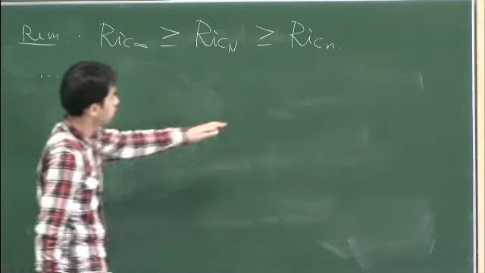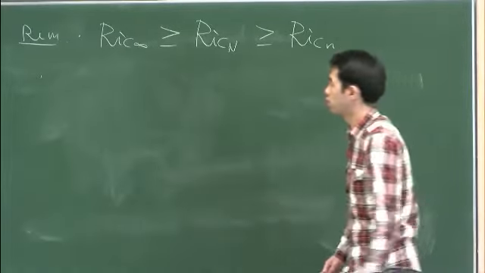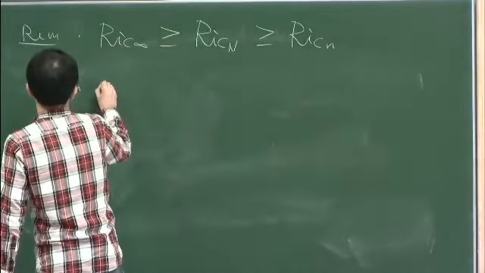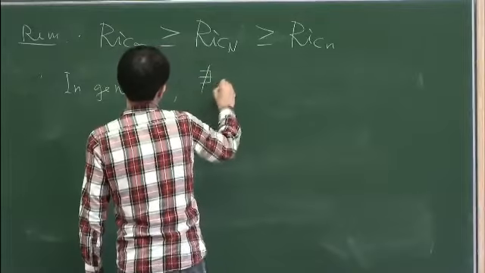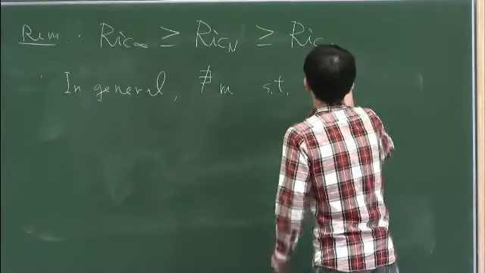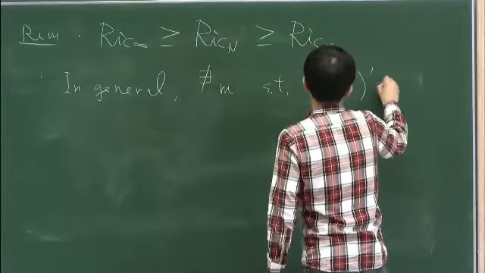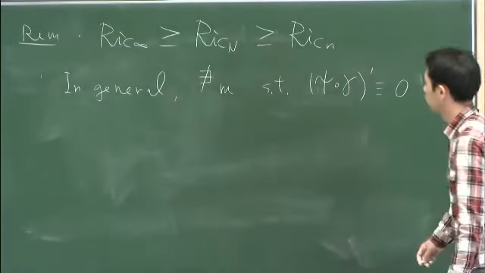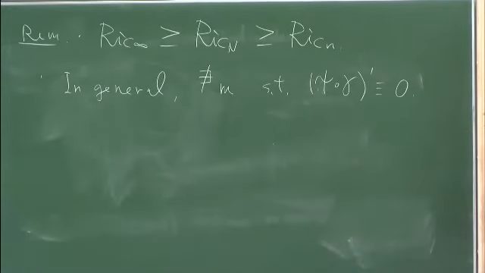And actually, in the Finsler setting, we cannot bound this Ricci in general. So in general, there is no nice measure m such that the first derivative of psi is 0. This means that there's no nice measure in the Finsler case in general.